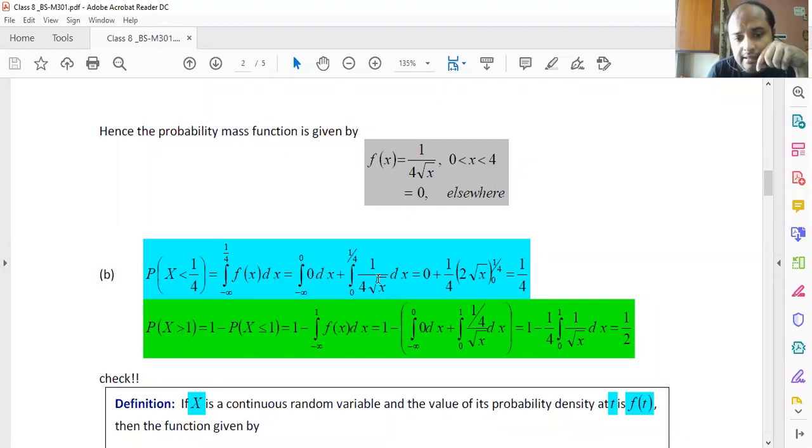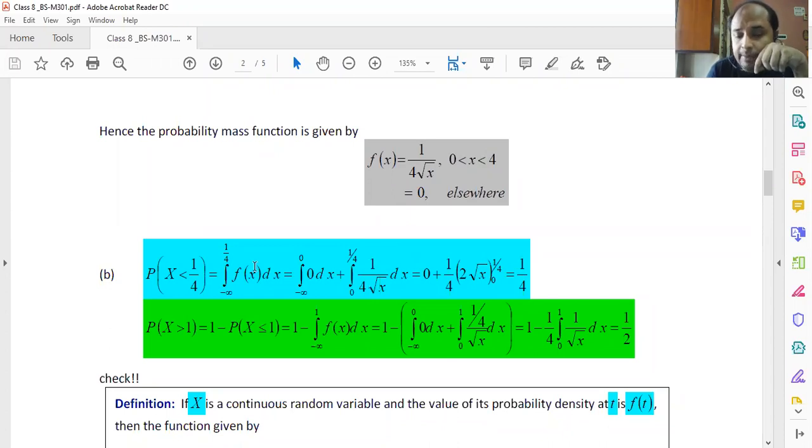And when x lies between 0 to 1 by 4, since fx has value 1 by 4 root x for the entire range, so for the sub range the functional value will remain the same, because it is fixed. So we substituted the value of the function over here.